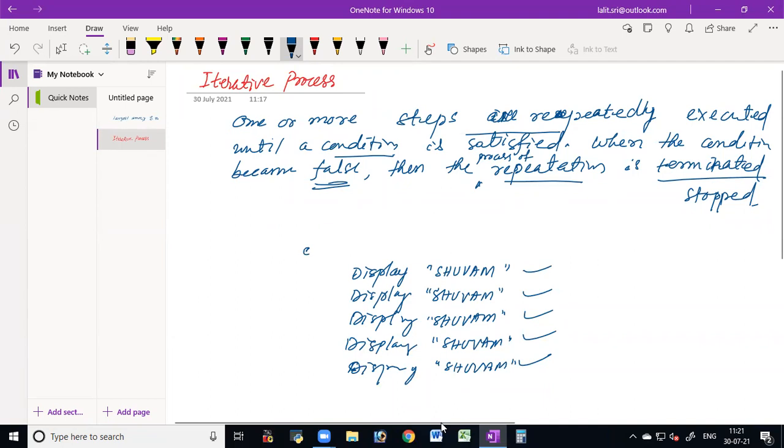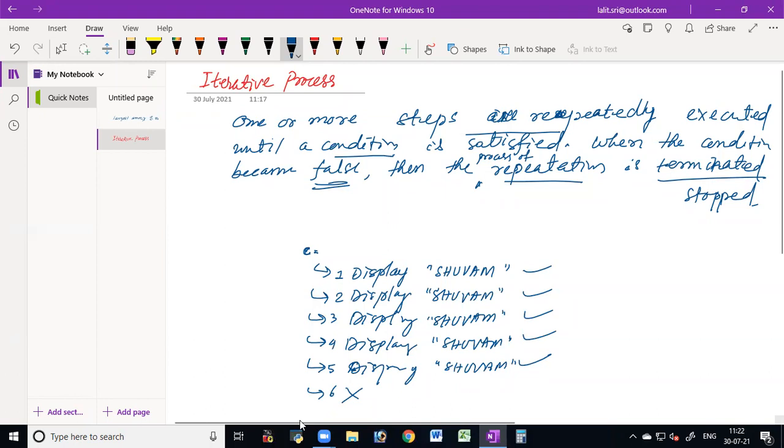I am putting a counter here. When the counter becomes 1, display Subham. Counter becomes 2, display Subham. Counter becomes 3, display Subham. Counter becomes 4, display Subham. Counter becomes 5, display Subham. Counter becomes 6, terminated.